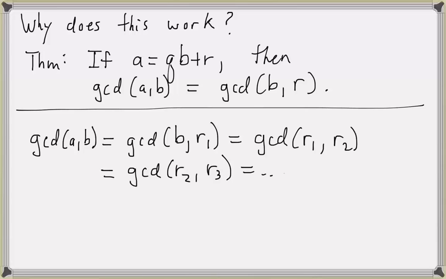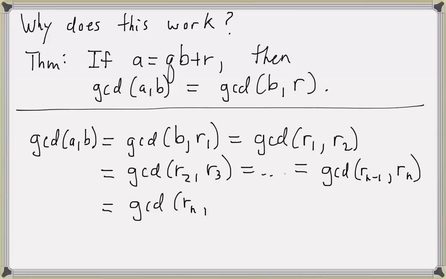And we continue this process until we get all the way down to the greatest common divisor of R_{n-1} and R_n, which equals the greatest common divisor of R_n and the last remainder, which was 0.